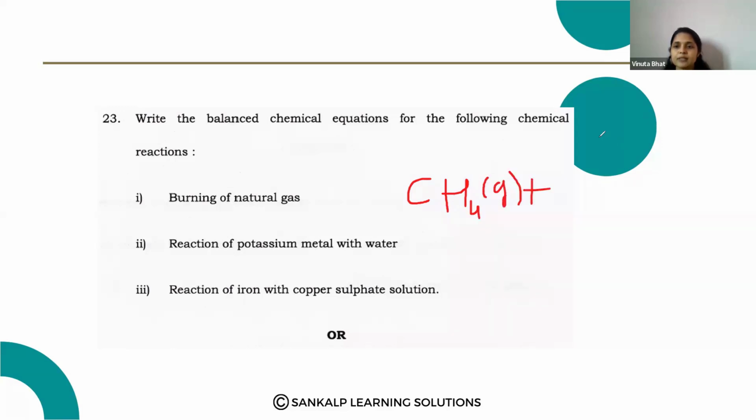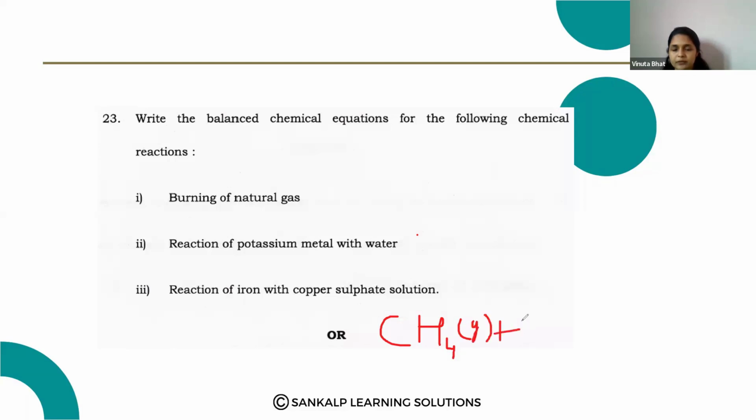Burning means when it burns with the oxygen, it forms carbon dioxide and water. So just a minute, I will write the physical state also here. CH4, first one, that is gas.